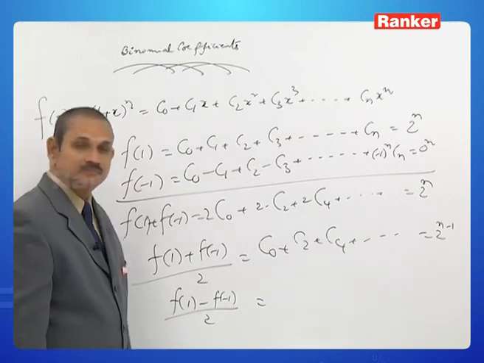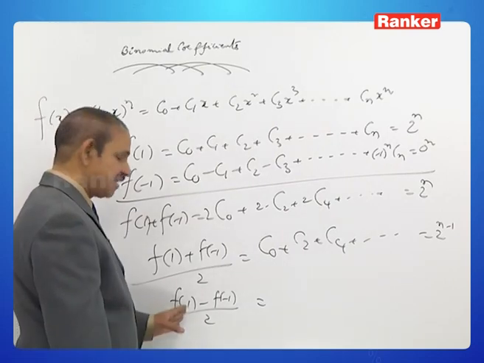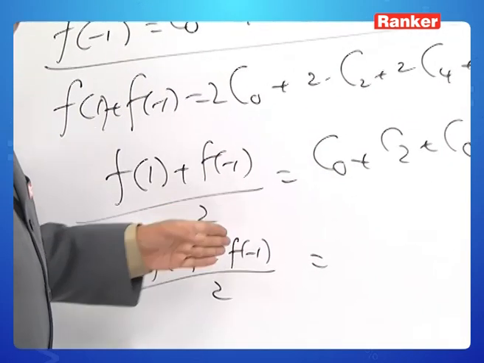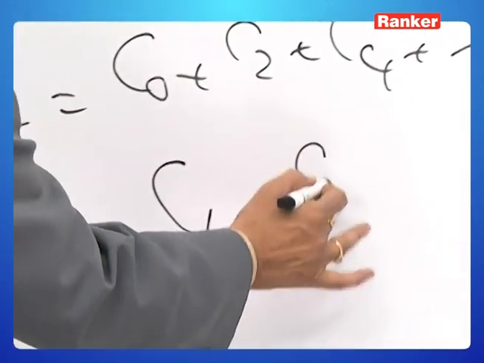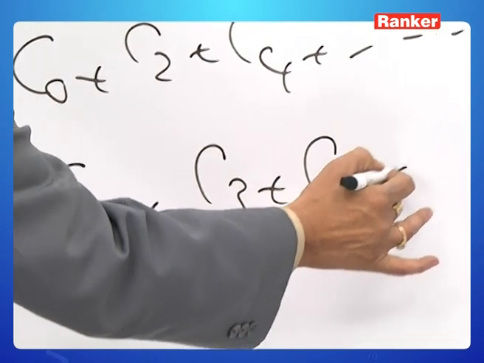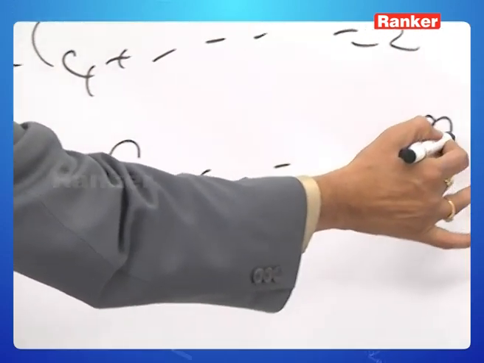We are framing (f(1) - f(-1))/2, so that C1 + C3 + C5 and so on is equal to 2^(n-1).